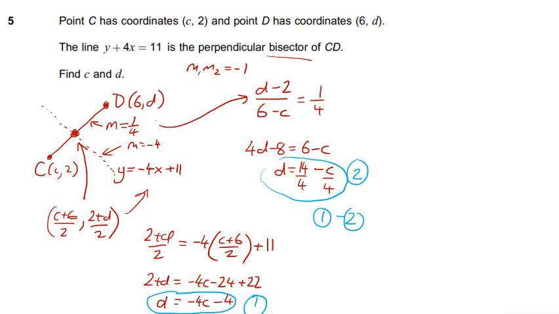And we get, on the left hand side, d minus d is 0. Minus 4c minus minus c over 4. What's that going to give?